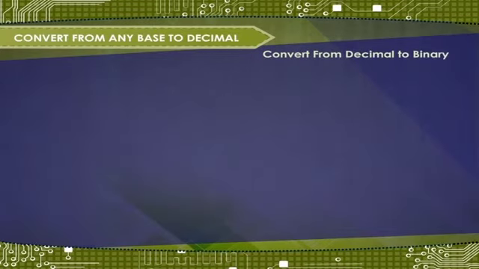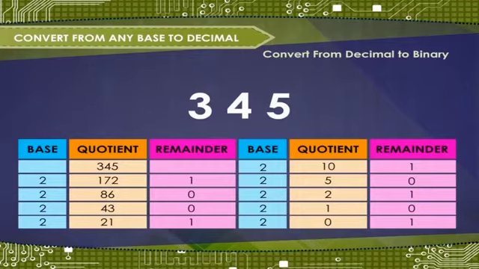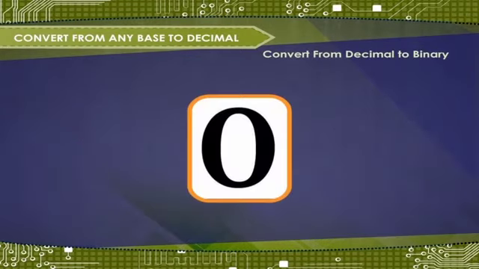Convert from decimal to binary. Now try converting the decimal number 345 to binary notation. Note that the desired base is 2. So, you have to repeatedly divide the given decimal number by 2. Stop when the quotient is 0.